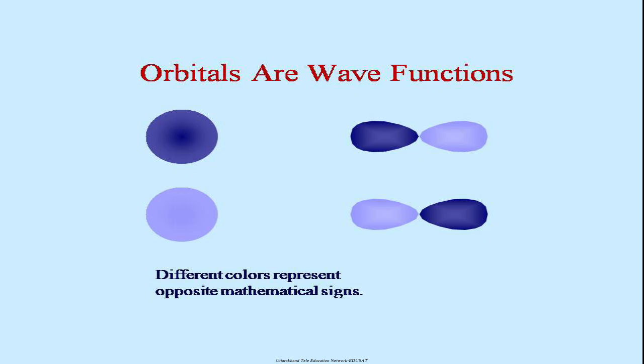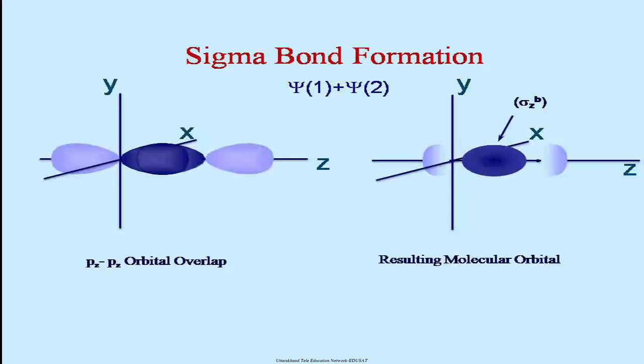Here there are two wave functions of opposite sign, and the combination of these wave functions will favor the bonding and anti-bonding conditions. Sigma bond formation takes place by the wave functions psi1 and psi2. For sigma bond formation, their combination or addition will give rise to the sigma bonding.